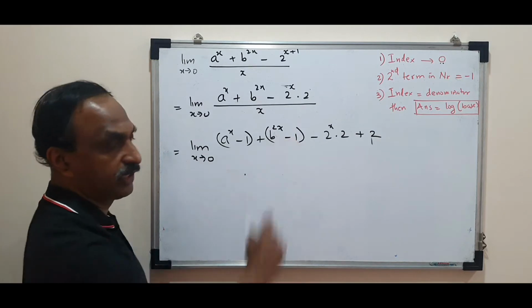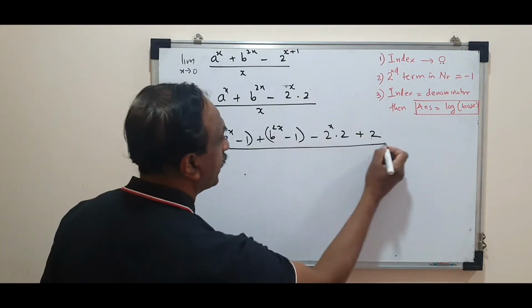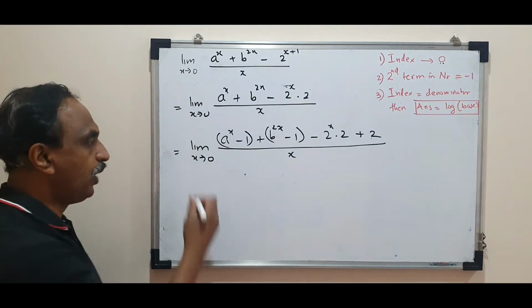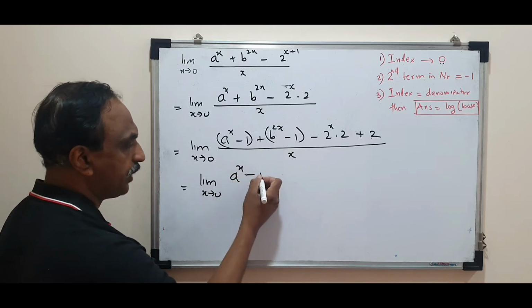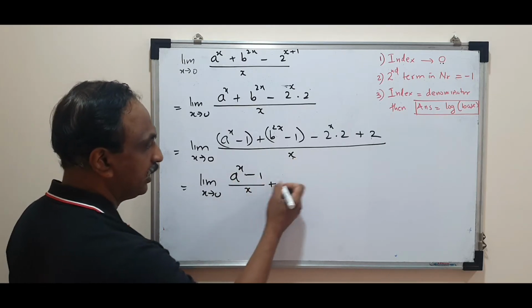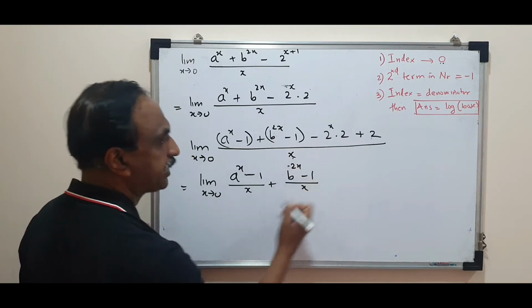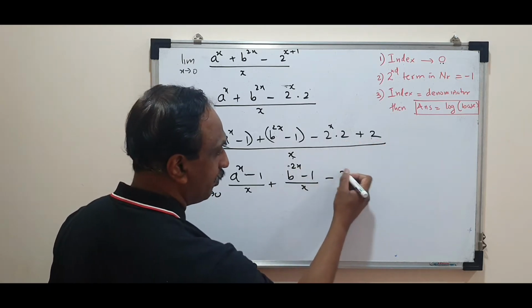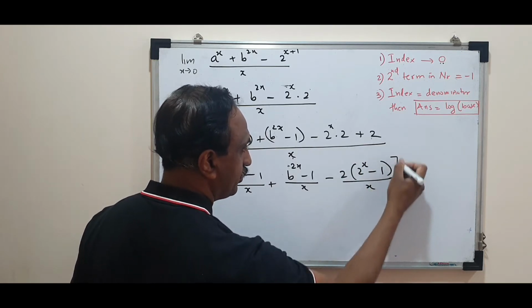Minus 1 will give you minus 2, compensated with a plus 2, divided by x. Now I can write this as limit x tending to 0, a raised to x minus 1 upon this x, b raised to 2x minus 1 upon x. Now I have 2 common, minus 2, 2 raised to x minus 1 upon x.